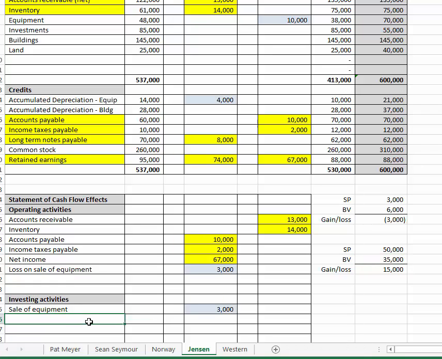So I'll have sale of equipment or sale of investments in investing as a plus. And we'll use a different color. I'll have the book value, sale of investments up here for $35,000.